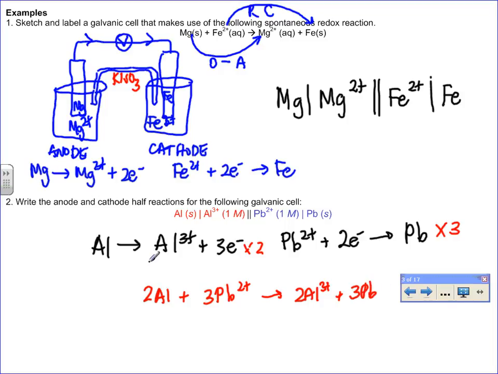Okay, so this is the overall reaction. When you're showing the half reactions, it's appropriate to either show the full reaction balanced with the correct number of electrons, or this would be appropriate as well, just showing the aluminum going to aluminum 3+ plus 3 electrons.